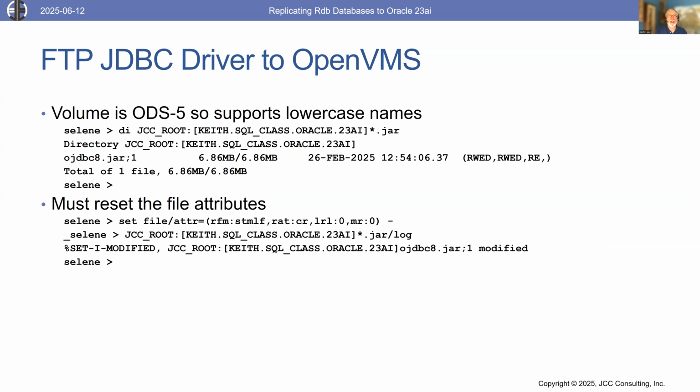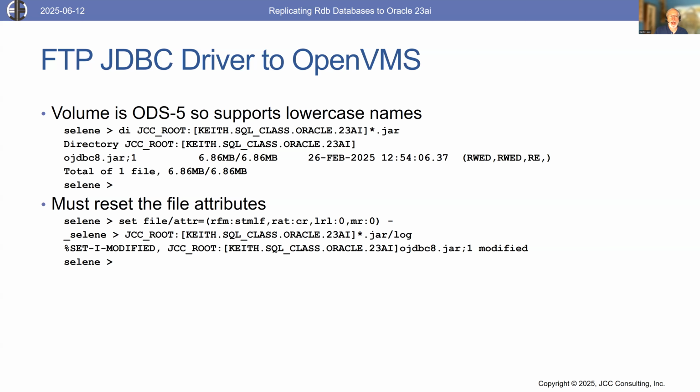The OpenVMS disk needs to be ODS-5, which allows the disk file system to support lowercase names. So I'm going to use FTP to transfer the driver jar file to OpenVMS.